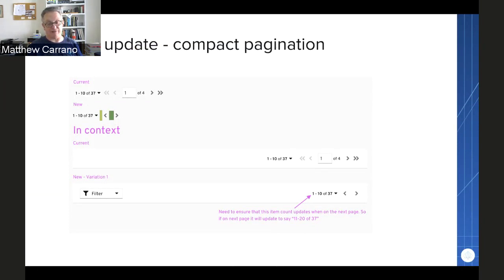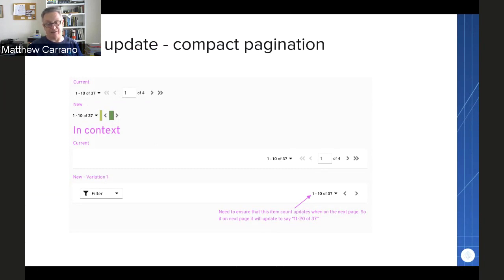And to do that, we've simply decided that the essential and most important elements are the ability to see which items are in view, in this case 1 to 10 out of 37, the ability to change the number of items available per page, and to simply be able to go forward and back between pages.